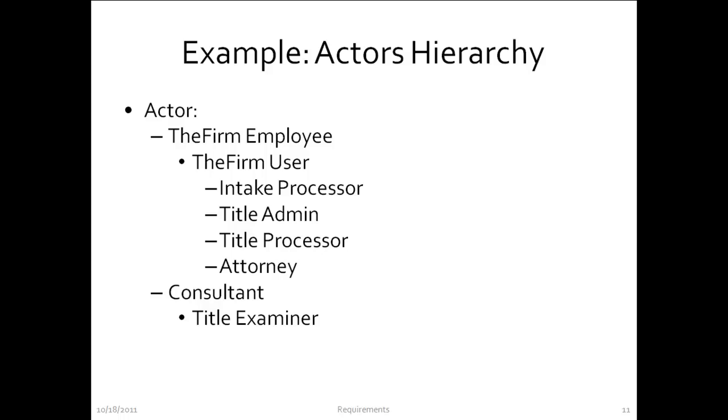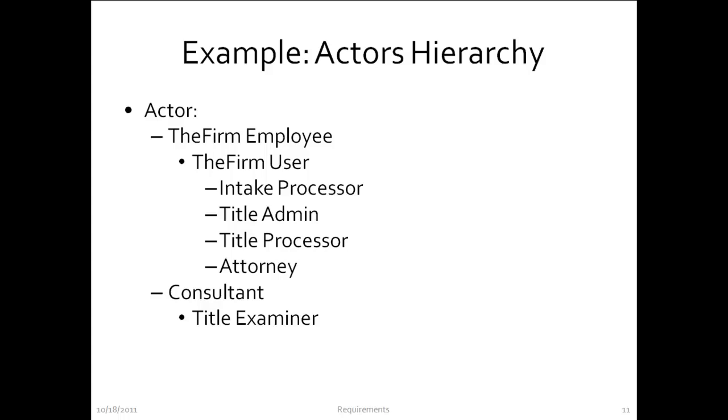A user that played the role of what was known as an intake processor, a title administrator, a title processor, an attorney. And finally, there were users of the system outside the firm, and these were consultants. And one such prototypical consultant would be a title examiner.